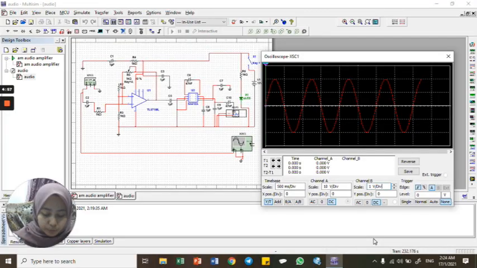For the audio amplifier, we have two circuits. First is the FM audio amplifier and second is the AM audio amplifier. The FM audio amplifier is designed with the operational amplifier IC TL071 as the preamplifier and the SA612A IC circuit.